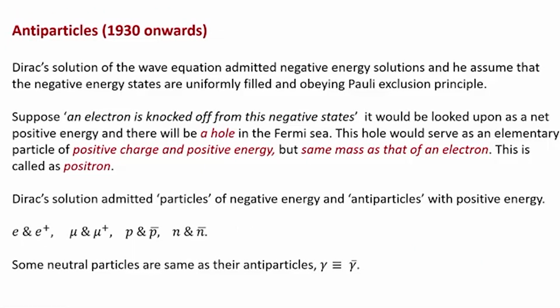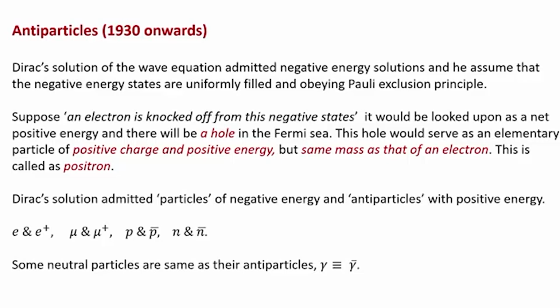Then there is the discovery of antiparticles, which proceeded from 1930 onwards. This started from what we have done recently on the solution of the Dirac equation. We have seen that the Dirac equation admitted solutions which have both positive and negative values, and these negative energy states are uniformly filled and occupied by the Pauli exclusion principle.